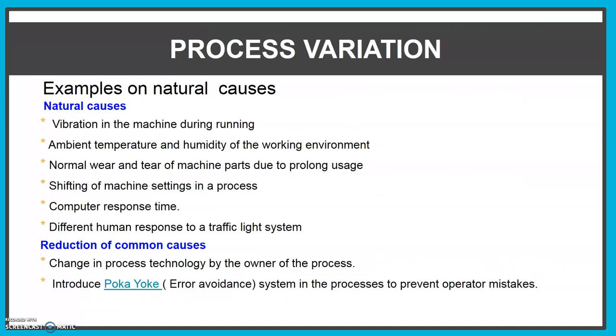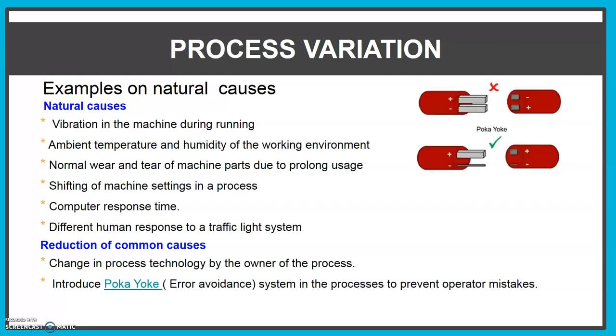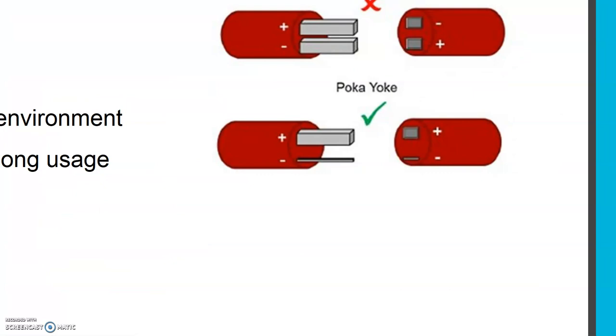Then how to reduce these natural causes? First, maybe you can change the process technology. You can do some maintenance to your machines, which can solve these natural causes, or you can introduce Poka-yoke. What is Poka-yoke? It reduces human error. This is Poka-yoke design.